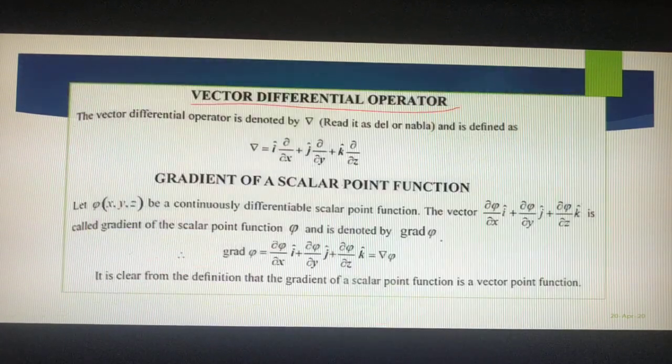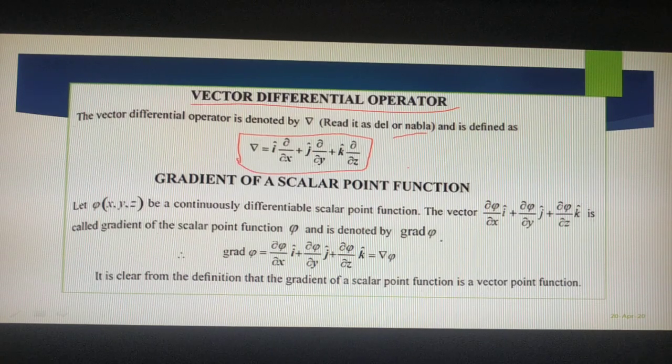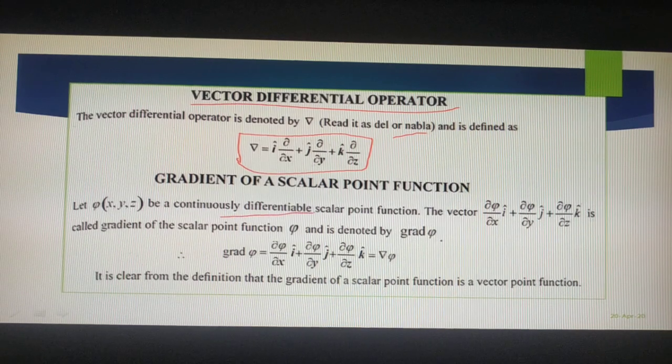So this del operator, this vector differential operator, also known as del operator or nabla, will help us to change from one field to another field.